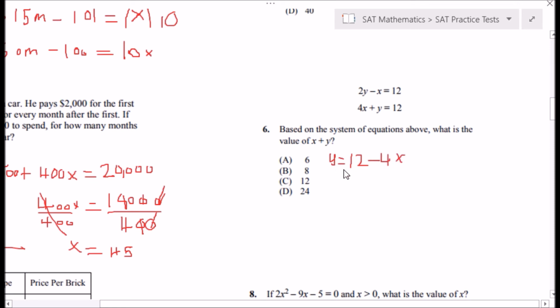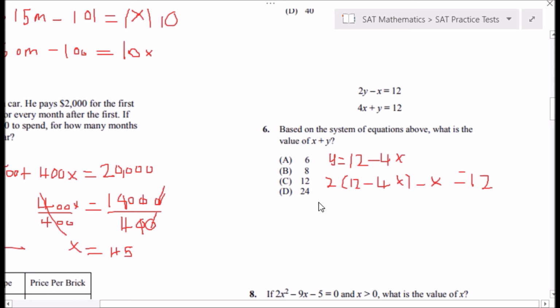And since we know y is 12 minus 4x, we can just put that value in this equation. So 2 times, and we know y is 12 minus 4x, minus x is equal to 12.